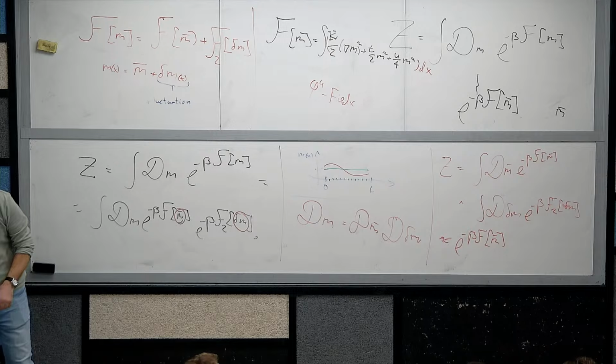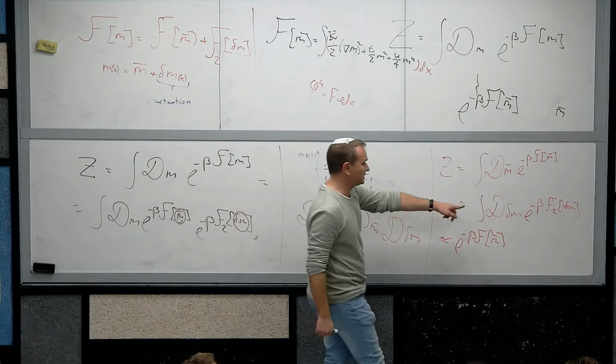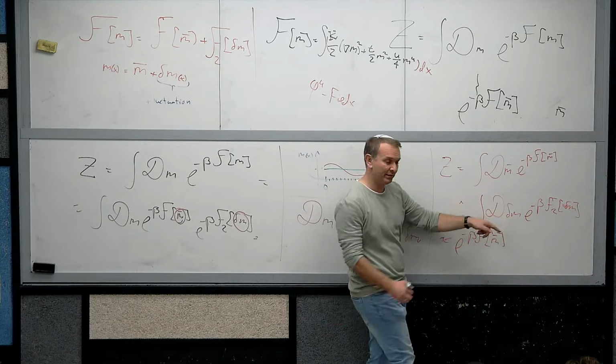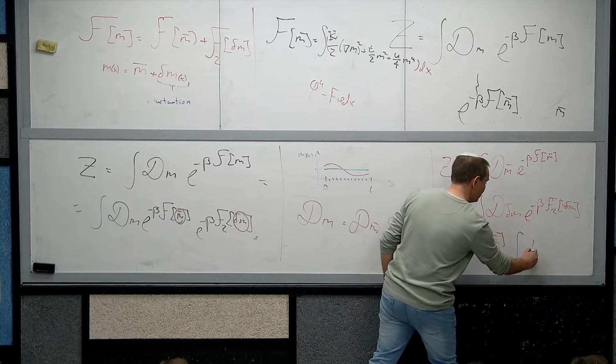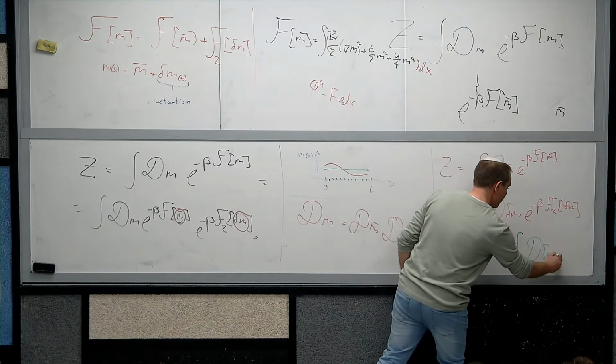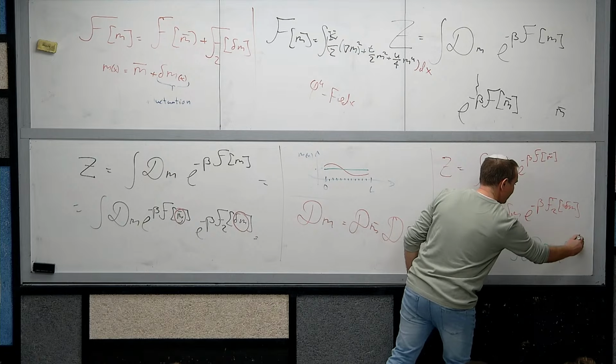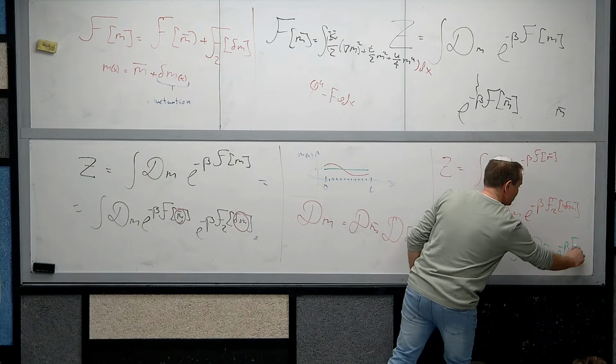But there are those guys. Those guys are here: this is an integral d delta m e to the power minus beta f2 delta m.